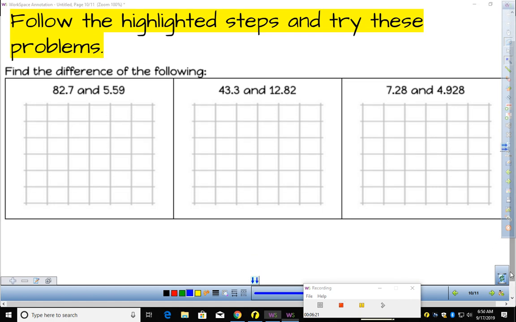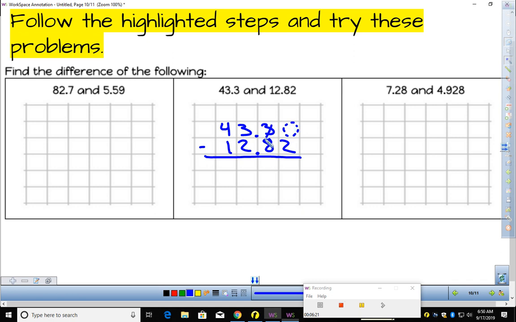Let's try the middle one, and then I'll pause it and you guys can try the rest. So we're going to write our numbers vertically. Again, if you struggle, start with your decimal point and then write everything else in. Add a 0 if necessary. Can I take 2 from 0?